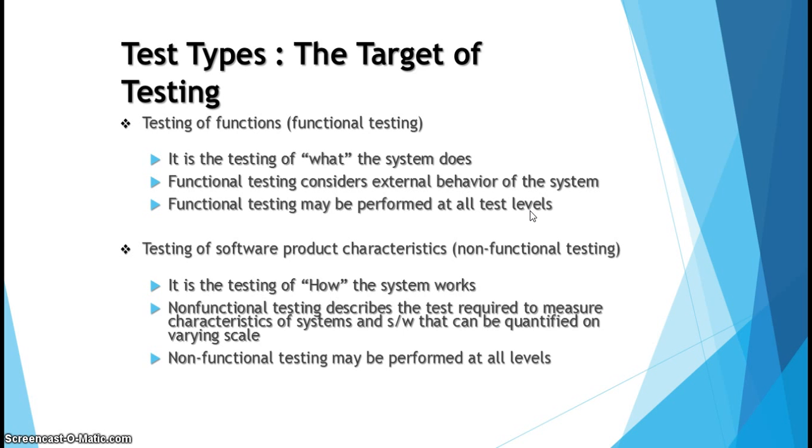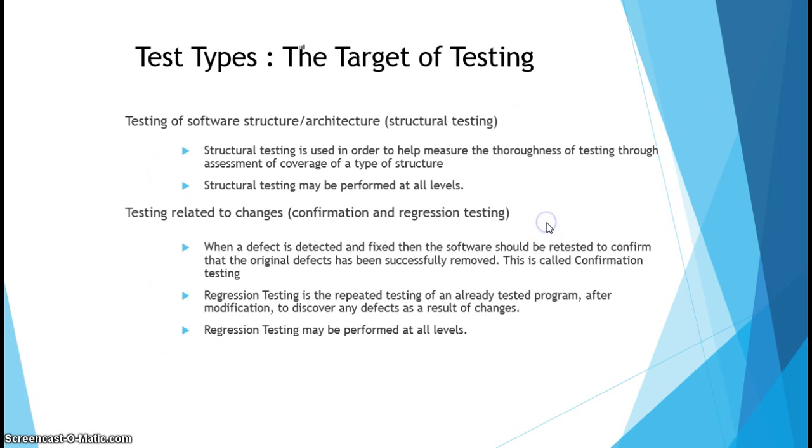Now coming to non-functional testing, you are testing how the system works, say in extreme stress or higher load or saturation of the load in a varying scale, and you're quantifying the results of how it performs at those levels.